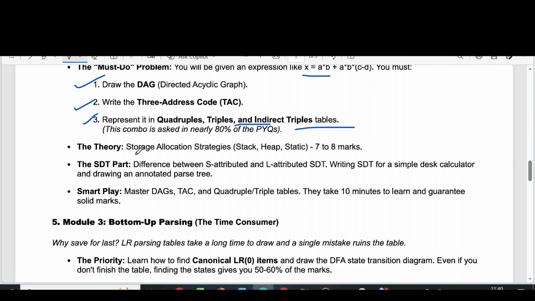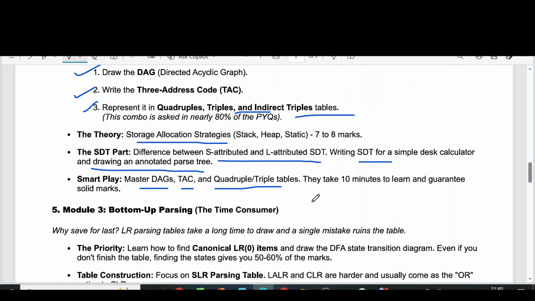The theory part from this module is storage allocation strategies: stack, heap, static. Then the SDT part: difference between S-attributed and L-attributed SDT, writing SDT for a simple desk calculator, and drawing an annotated parse tree. So from this module, you have to master DAGs, TAC and quadruple or triple tables.